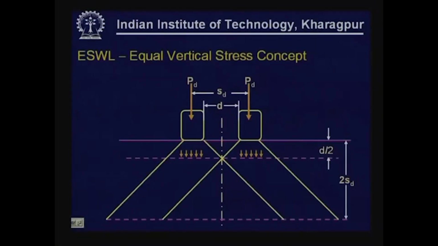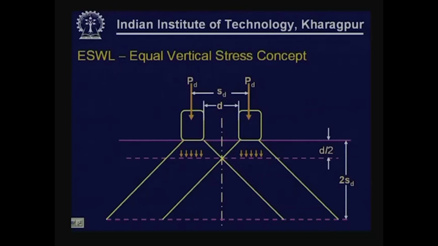The first concept that we will use to determine equivalent single wheel load is equal vertical stress concept. So, here we are referring to equal vertical stress that is produced by, right now that we are seeing here, a dual wheel set. You have two wheel loads applied on a pavement system.